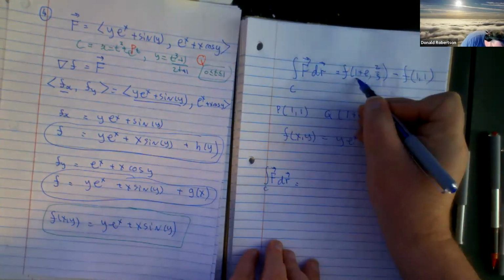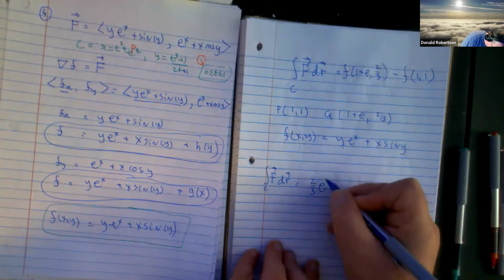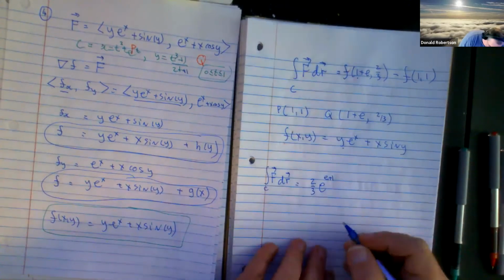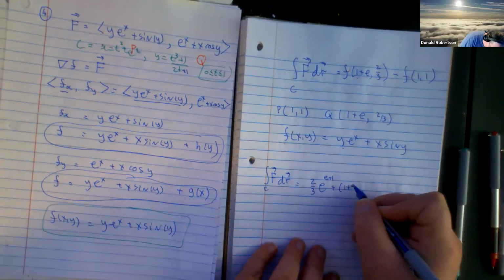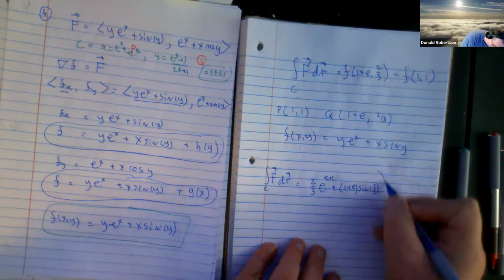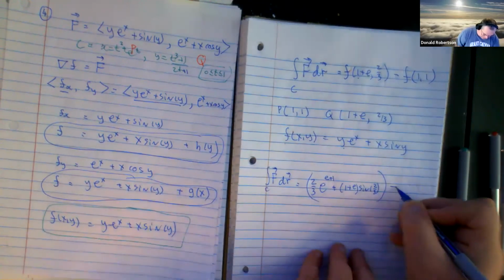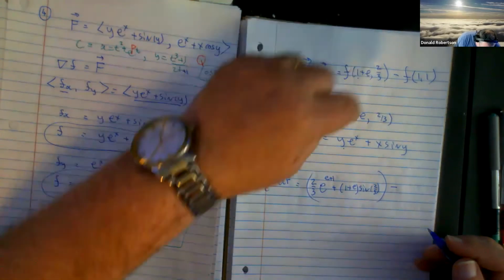Right, it's going to be 2/3 e to the power of e plus 1 plus 1 plus e, the sine of 2/3. That's the first bit. Take away what you get when you plug in 1, 1.